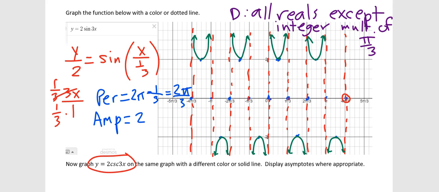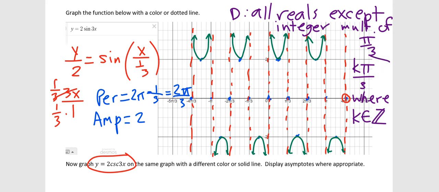Now the notation I'm going to try to push you towards, which you are going to see more in the future, and you need to be able to understand it, and don't just say to me, well, is it okay if I just write except integer multiples of pi over 3? Sure, you can use the word except, but I want something like k pi over 3, where k is an element of the integers.